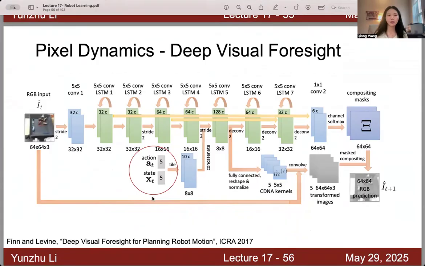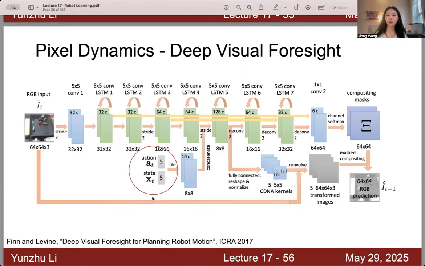It's like this. It's the architecture of pixel dynamics, deep visual foresight. We use this architecture to take the RGB input and focus on the state and action specific area, and then modify or transform the image about the action area and output the new image.